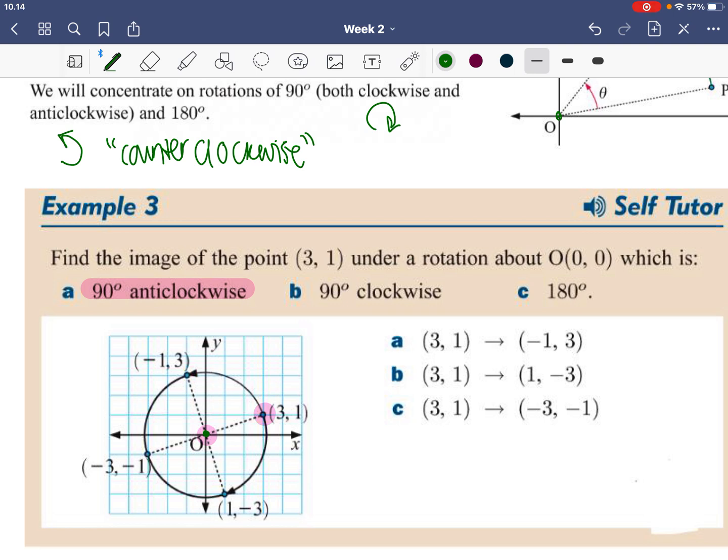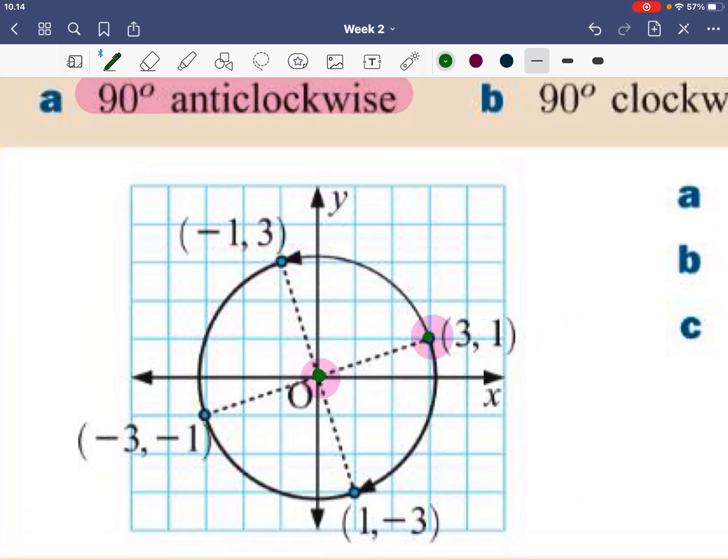So imagine it like this, you guys. I have a pin here on the origin, and think of these dashed lines as a string, okay? So I'm holding point (3, 1) here.